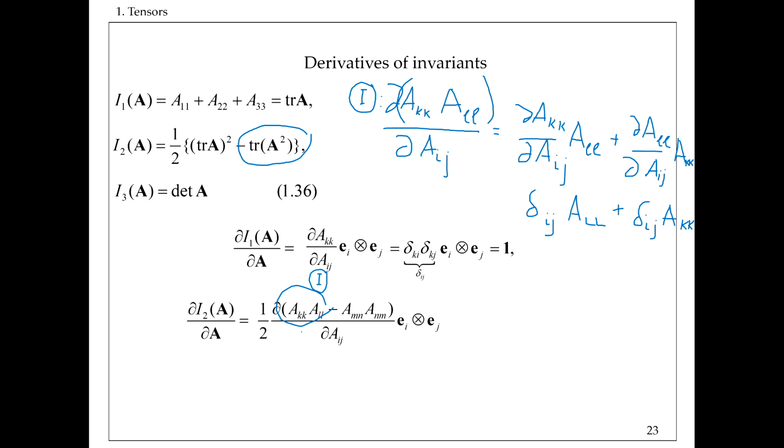So this one will produce at the end I1, the first invariant, the trace, multiplied by, and here I will change the color to black to identify that this is bold, the identity tensor. So this is usually written as I, or sometimes 1 like that. So that's the first part. All this multiplied by half produces I1, the trace, multiplied by the identity tensor.